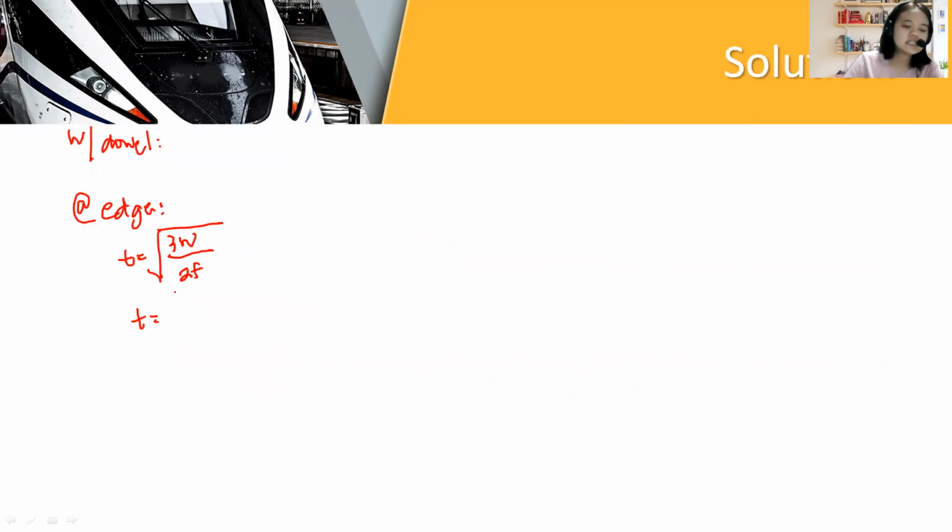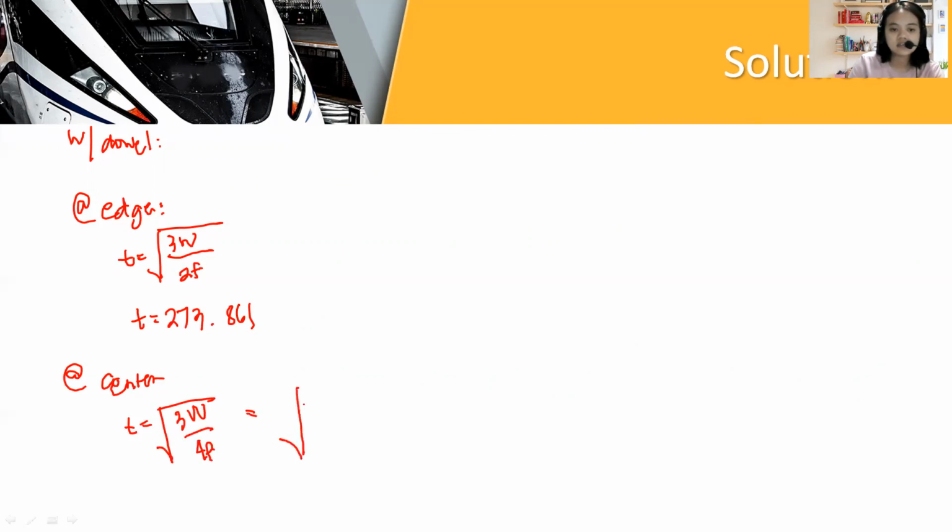Okay, so as you can see, the result would be 273.861. And sige, solve mo muna natin yung at the center. At the center, that is square root of 3W over 4F naman.